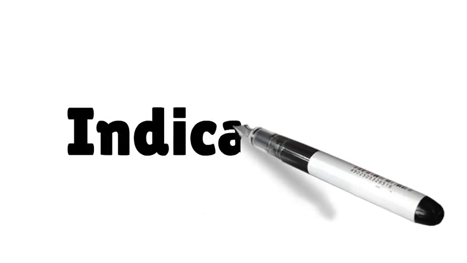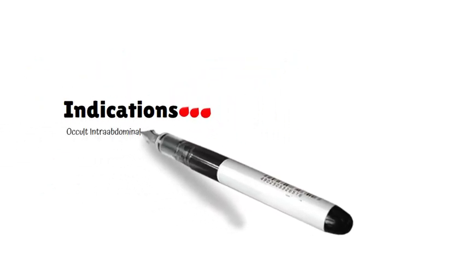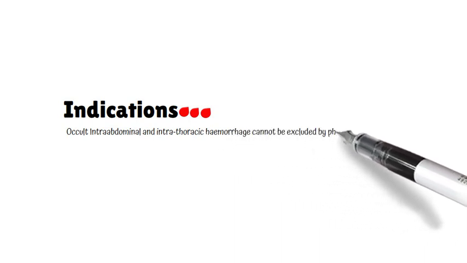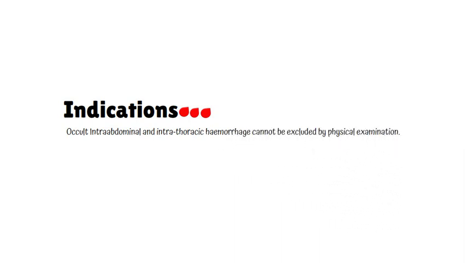Now let us look at the indications for FAST and eFAST. Remember, occult bleeding. FAST is indicated in situations where intra-abdominal and intrathoracic hemorrhage is suspected but cannot be excluded by physical examination alone.